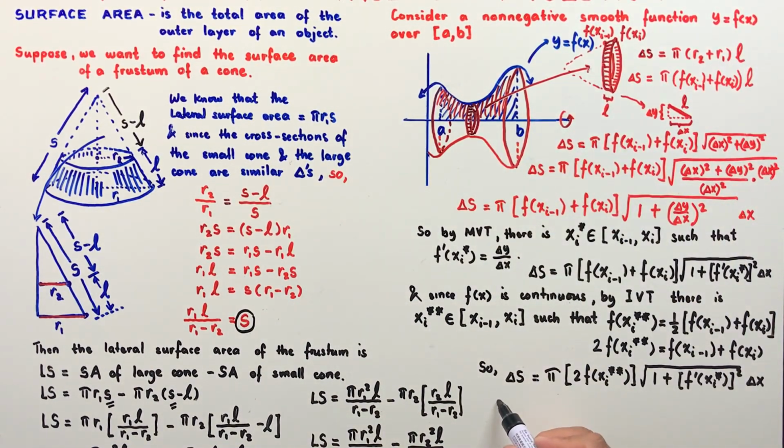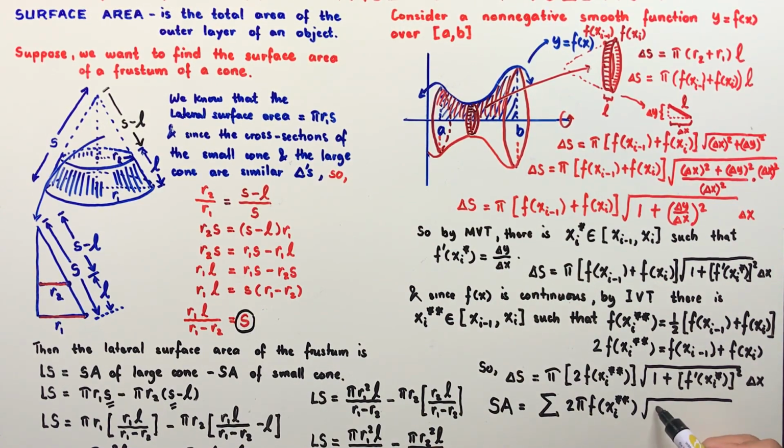So we say that the whole surface area is the sum of all incremental surface areas there, which is 2 pi, if you multiply this one and this one, 2 pi times f of x sub i double asterisk times the square root of 1 plus the square of the derivative of the function at x sub i single asterisk here.